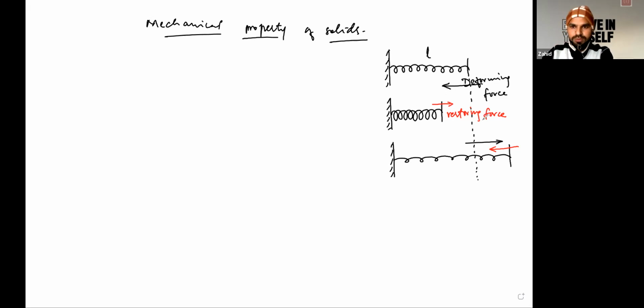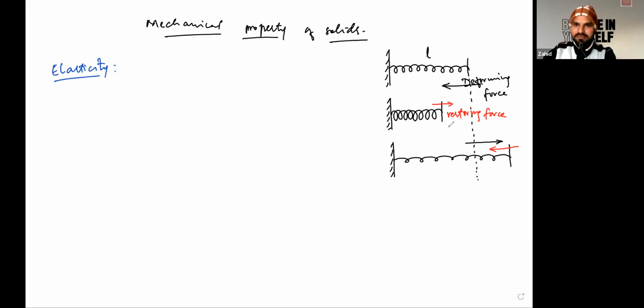This is called the restoring force. Is it clear? Yes, sir. So this spring has a tendency by which this restoring force gets developed in it. This tendency of a spring is called elasticity. So we first define what we mean by elasticity.